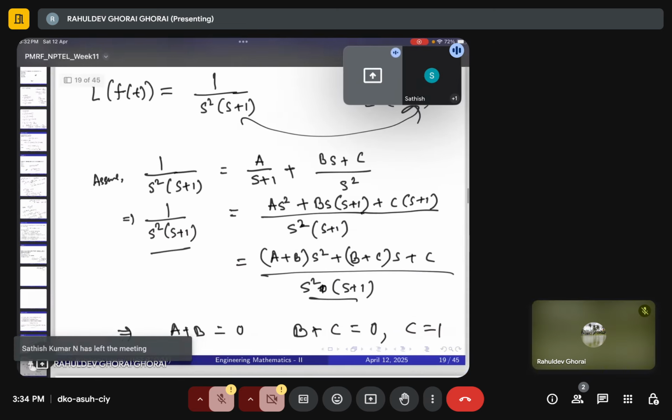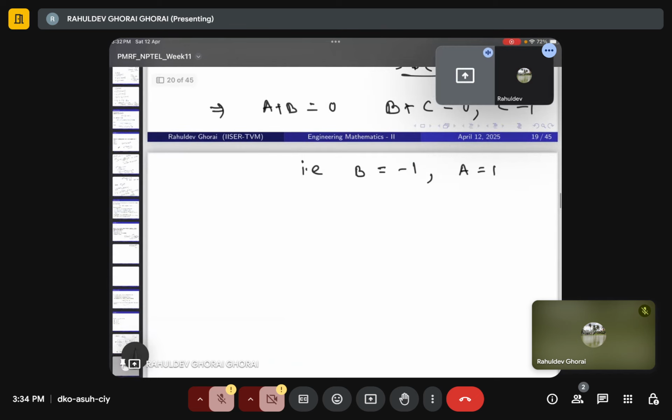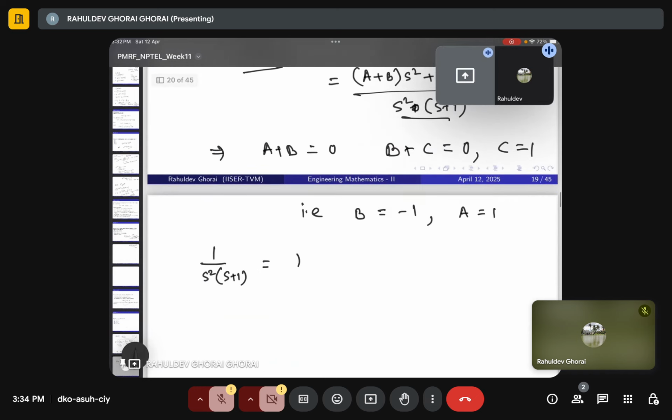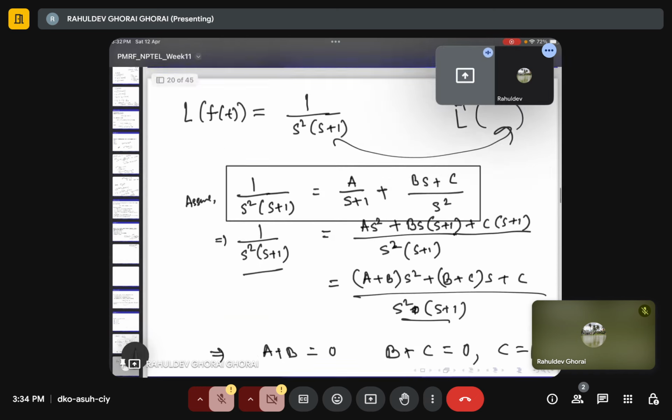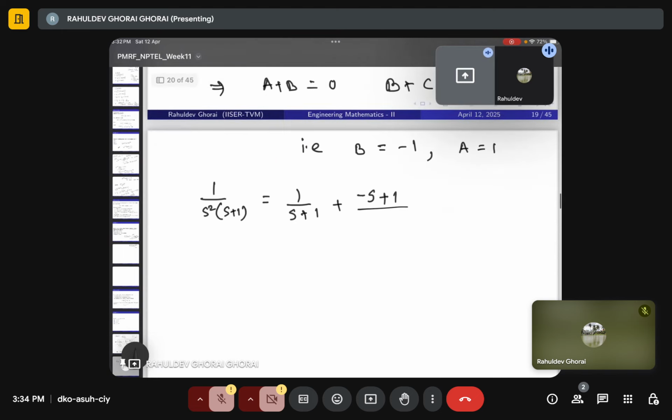So 1 over s squared times s plus 1 will be a is equal to 1, so 1 over s plus 1 plus b is plus c, so plus minus s plus c is 1 over s square, right? What does it imply? You can write that this is 1 over s plus 1 minus 1 over s plus 1 over s square.